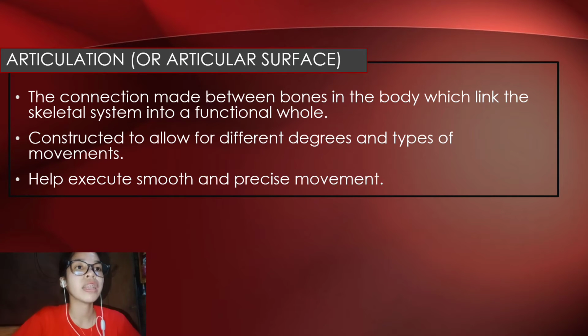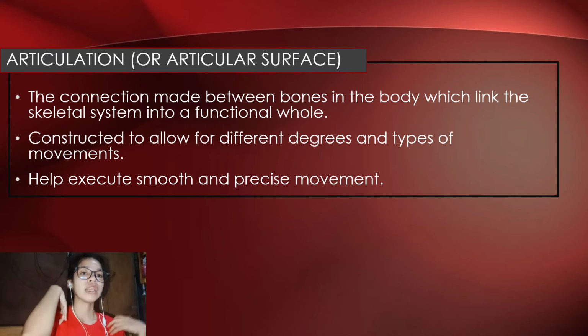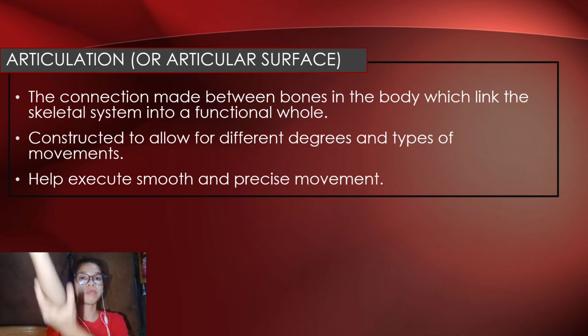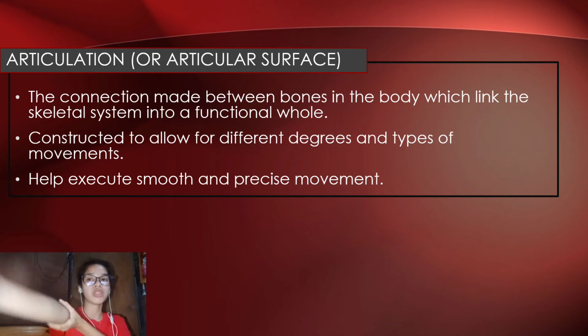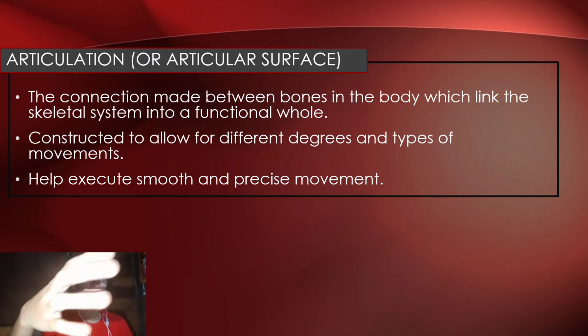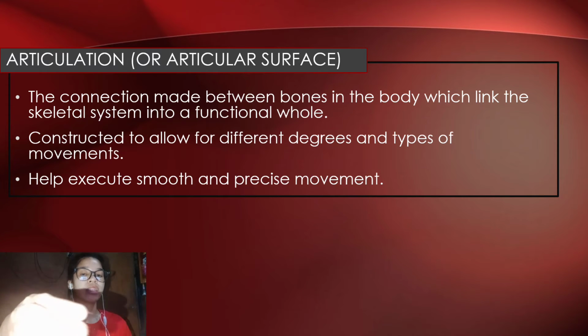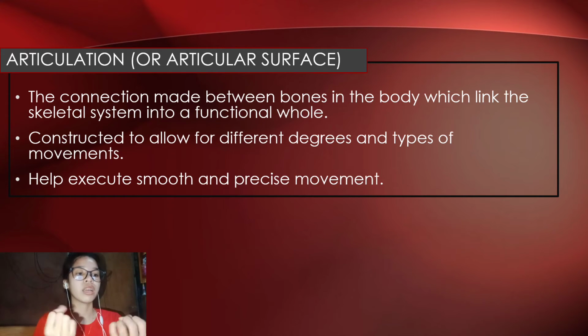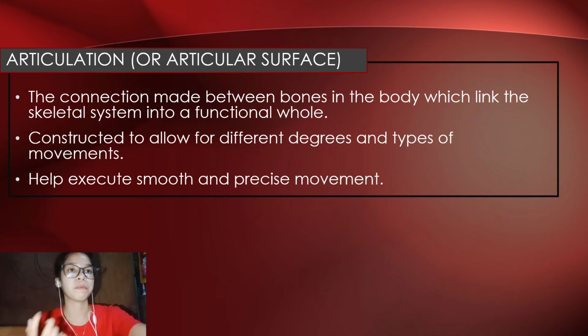It also helps execute smooth and precise movement. Since our bones are connected by joints, it is not just straight. So, we can bend, we can grab something like a glass, we can bend at our elbow. We flex or extend, close or open our hands.